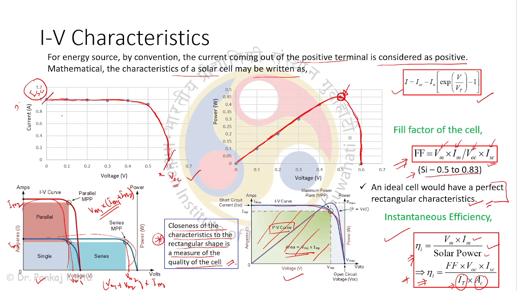Now this IV characteristic. For an energy source, by convention, the current coming out of the positive terminal is considered positive, and mathematically the characteristic of a solar cell may be written as this, that we have just seen, right?